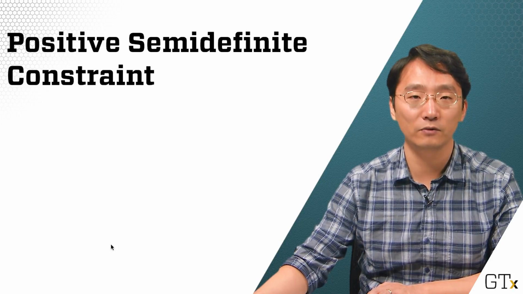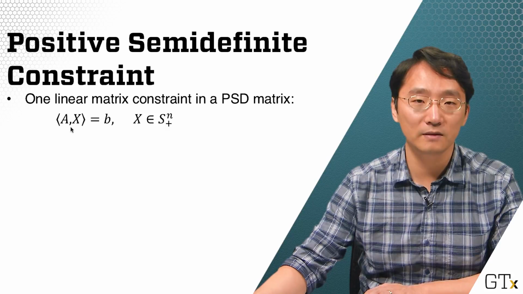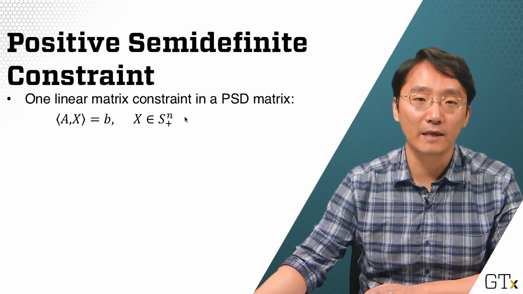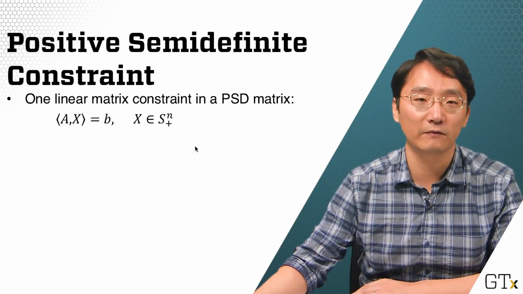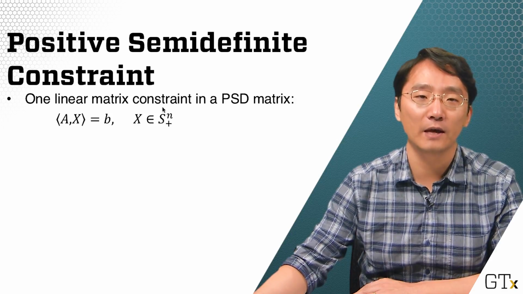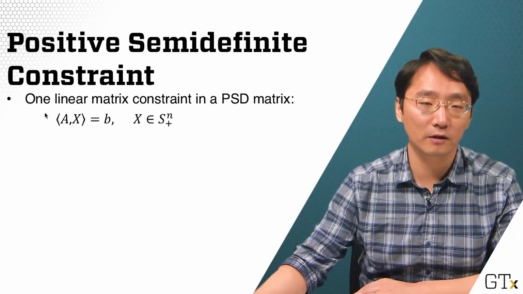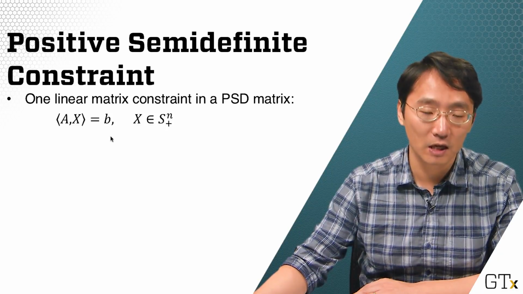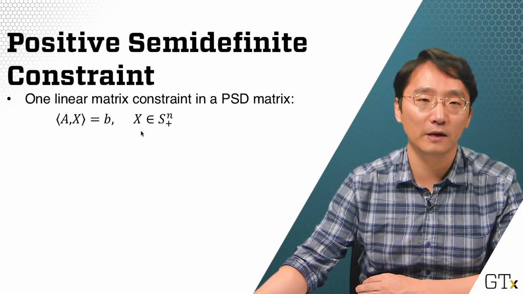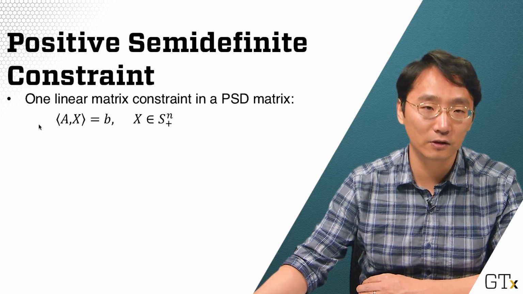So let's see, how do we define a positive semi-definite constraint? A positive semi-definite constraint is a linear constraint on a matrix, and then that matrix has to be in the positive semi-definite cone. Just like linear programming, we have a linear constraint, and then the variable needs to be in the non-negative orthant, or in second order cone programming, we have a linear constraint, and then the variable has to be in the second order cone. For a matrix, a positive semi-definite constraint, or PSD constraint, we have a linear constraint here.